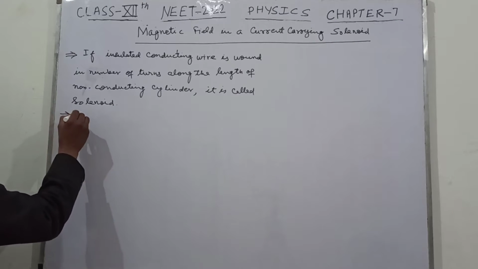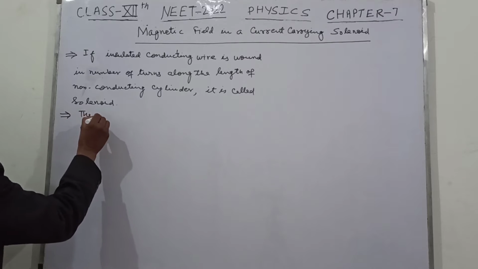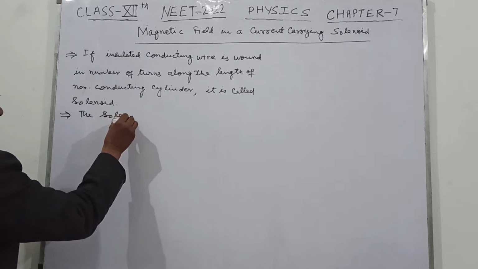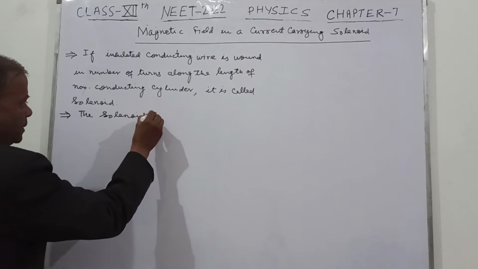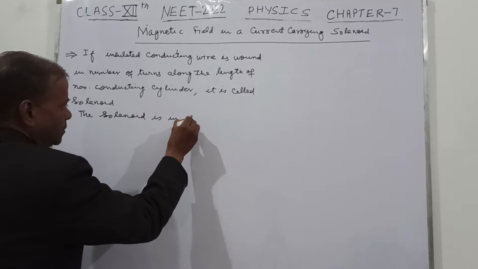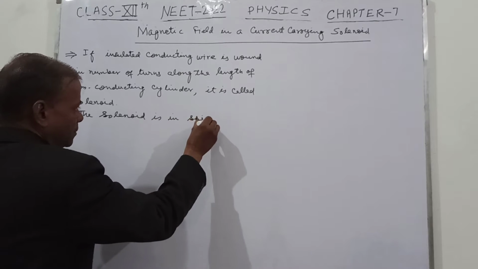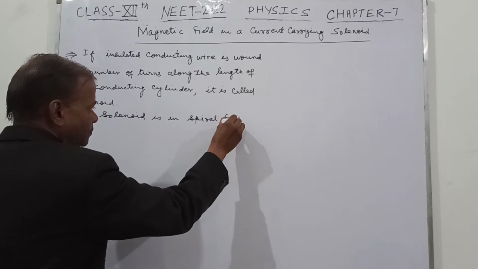It means that the solenoid is in spiral form.